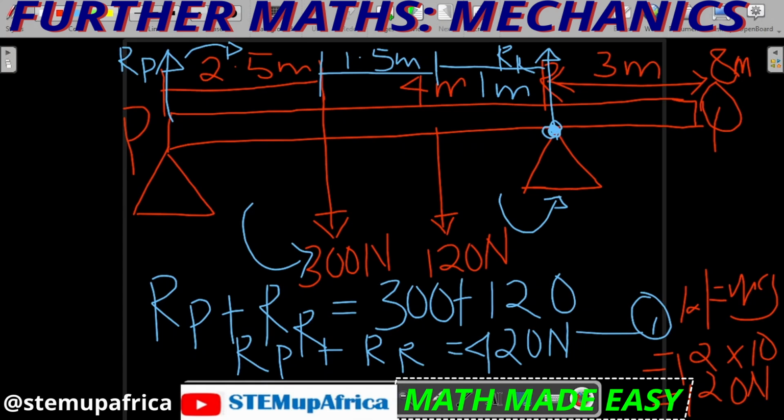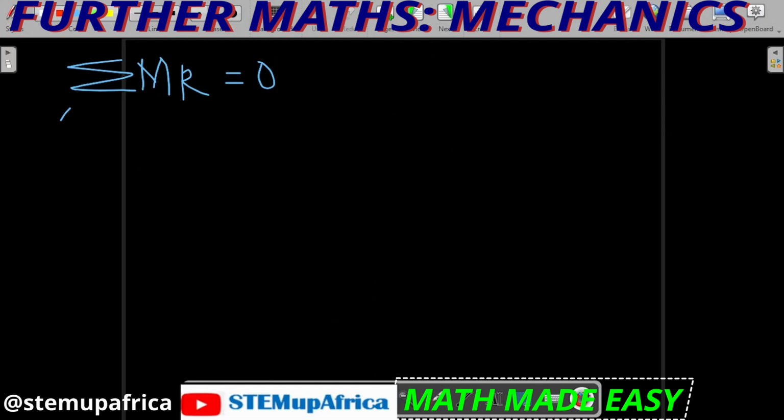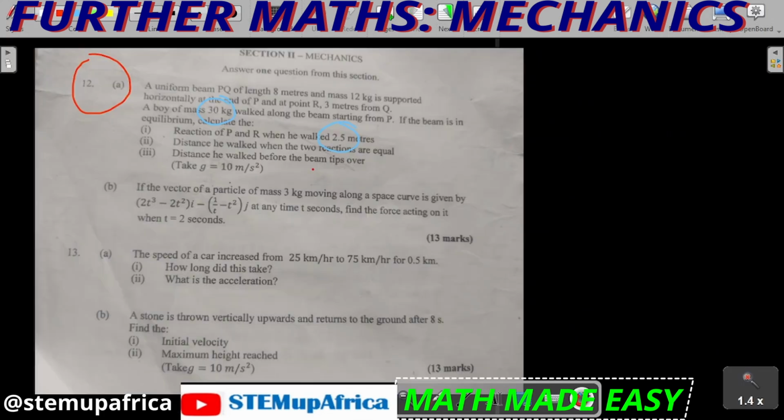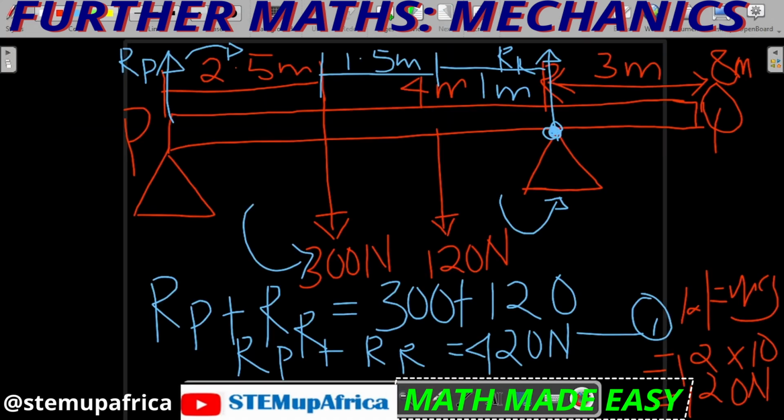So let's take a moment at R. We're going to have 120 times 1, 300 times 2.5. Before we do that, we need to consider the concept of clockwise and anti-clockwise.